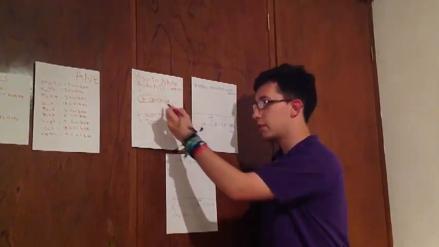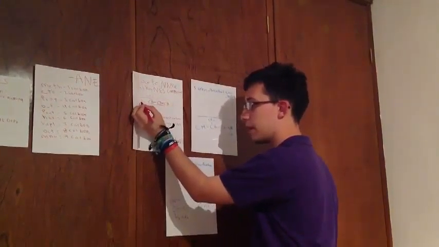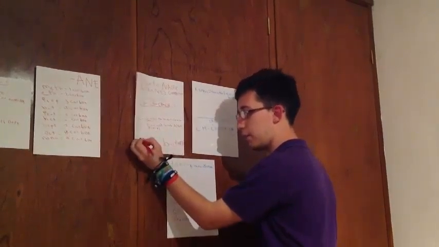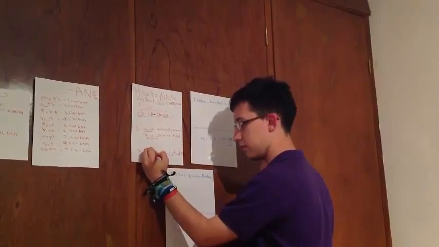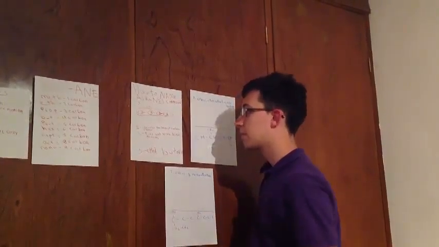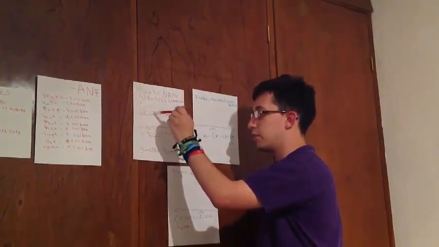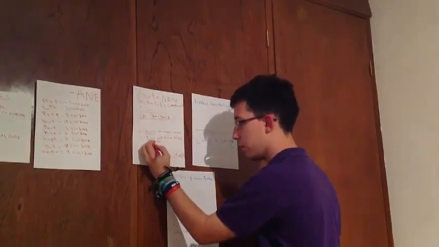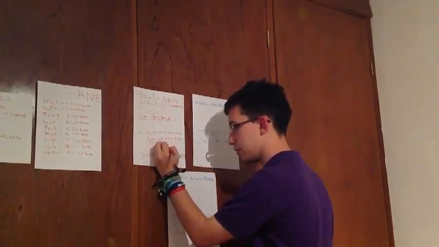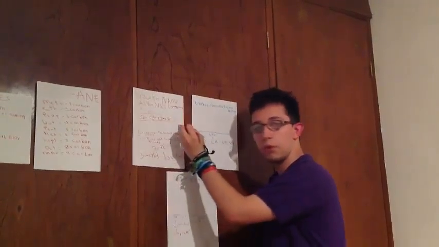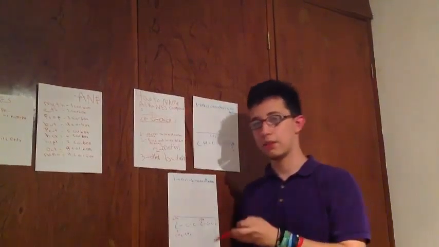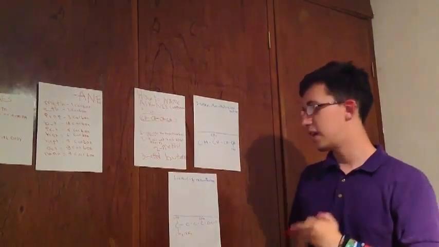So we first start with the ethyl. We count 1, 2, 3. On carbon number 3, we have an ethyl. And then on carbon number 2, we have a methyl. So this formula will be called 3-ethyl 2-methyl butane.